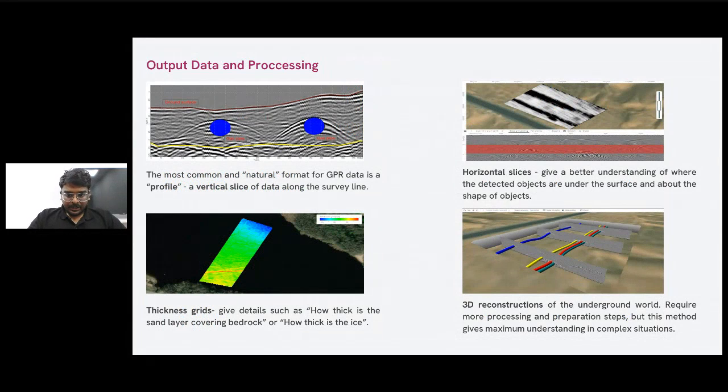The data processing and the output of the sensor. I'll not be going into deeper aspects of the data processing. It's a completely whole topic for another webinar. But usually the output data can be of these four types: a vertical slice profile, a horizontal slice, or a thickness grid in order to determine the thickness of the ice or the sand layer that's covering the surface, or a 3D reconstruction.